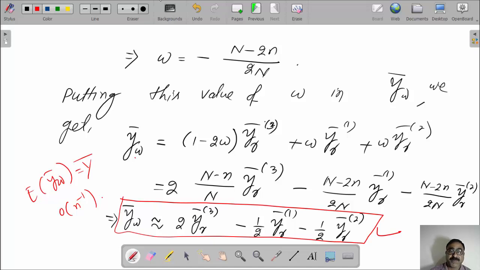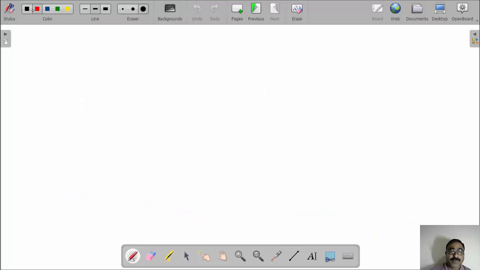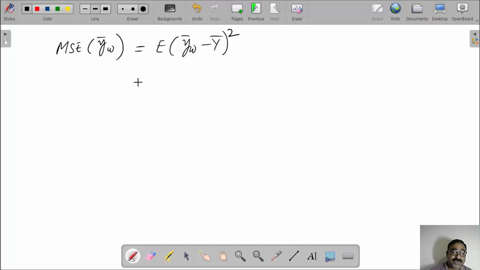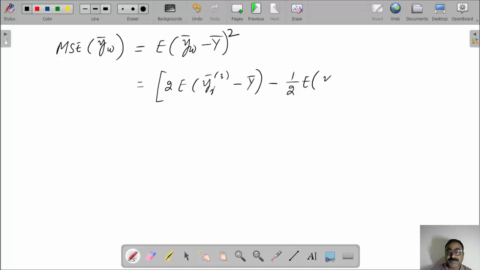Now the mean square error. Mean square error of YW bar is equal to expectation of (yw bar minus y bar) whole square, that is equal to expectation of (2 (y bar 3 minus y bar) minus 1 by 2 (y bar 1 minus y bar) minus 1 by 2 (y bar 2 minus y bar)) whole square.